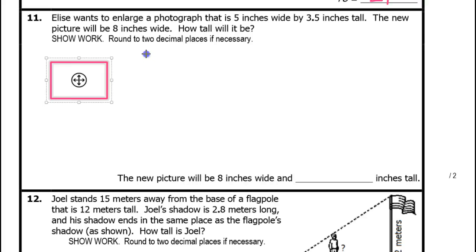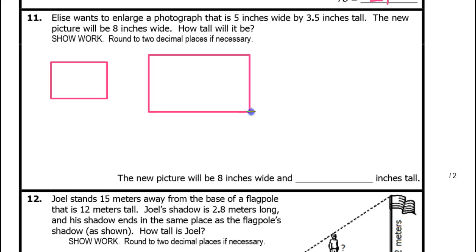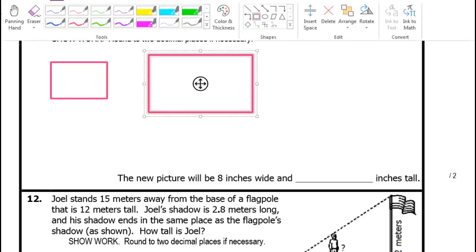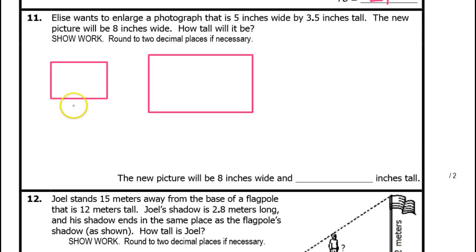So I'm going to let this rectangle represent the enlargement. Okay, so 5 inches wide, 3.5 inches tall. The new triangle will be 8 inches wide. How tall will it be?